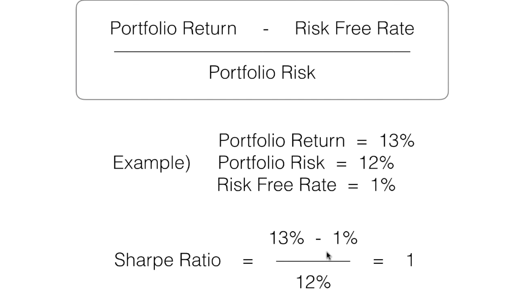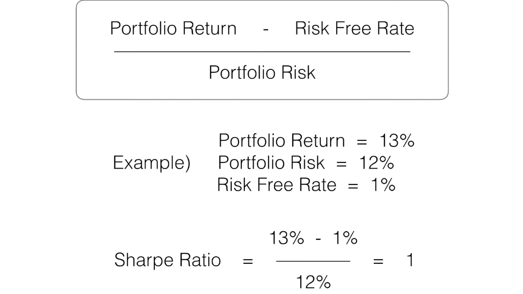If the Sharpe ratio is negative, then it would mean that the portfolio is actually a worse investment and you'd be better off getting the U.S. Treasuries. So the higher the Sharpe ratio, the better, essentially. Just to put this in a little bit of context, the S&P 500 over the last 10 years has a Sharpe ratio of about 0.3. So while it's definitely better than a risk-free rate, it's not actually that great of an investment.